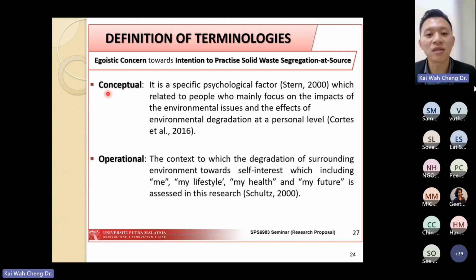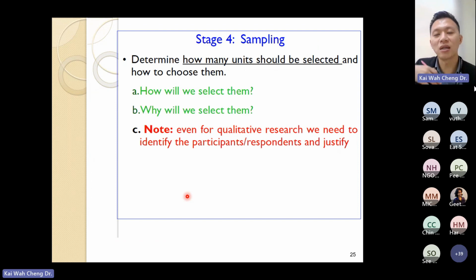This is what we call a conceptual definition. So these are the two examples of conceptualization. Number one, conceptual definition. Number two, operational definition. So that's all about stage number 3.